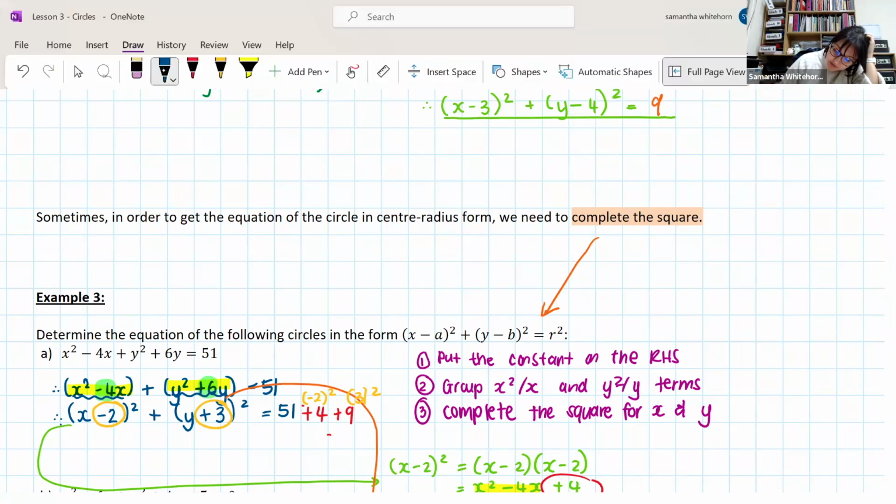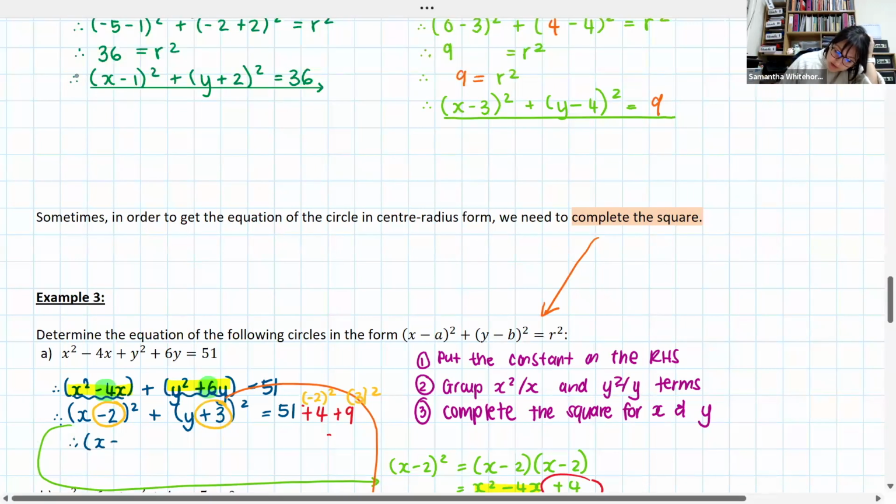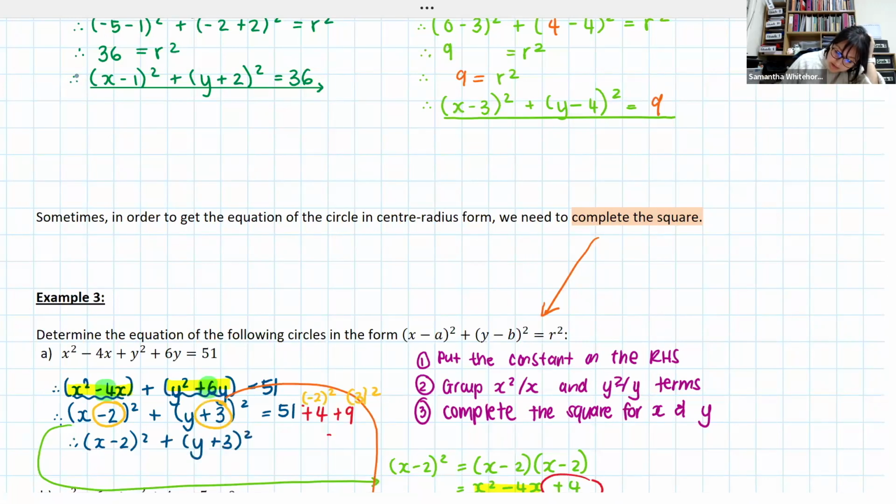And now you've got your equation of your circle. x minus 2 squared plus y plus 3 squared is equal to 51 plus 4 plus 9, which is 64, equals r squared. You know where the center is? Not that I've asked you for it, but you do know where it is. And you know what the radius is.